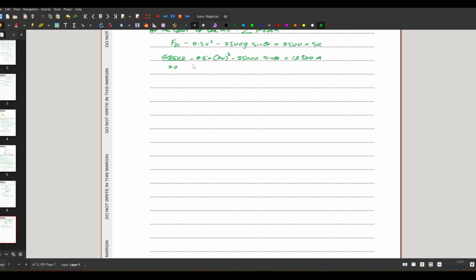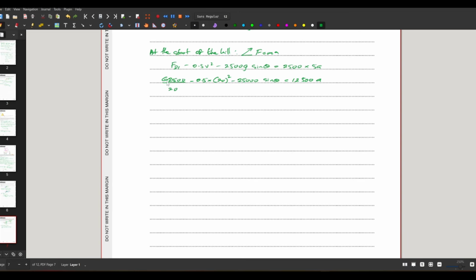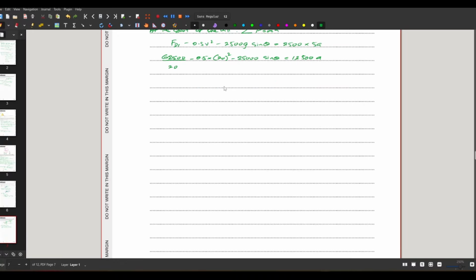And I can simplify 62,500 divided by 20 minus 0.5 times 20 squared. With the calculator you can find it. So you will receive 2925 minus here we have 25,000 sine theta equals this one.